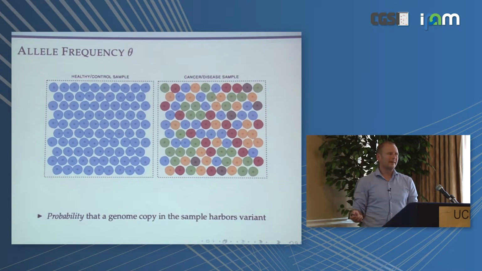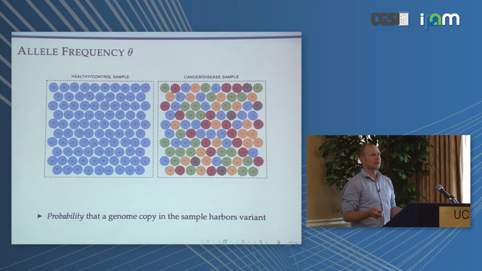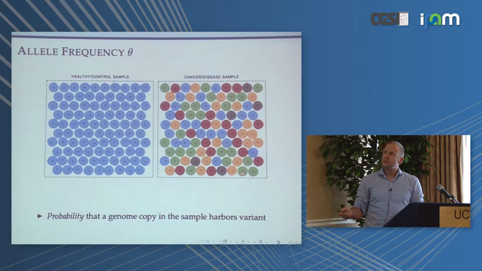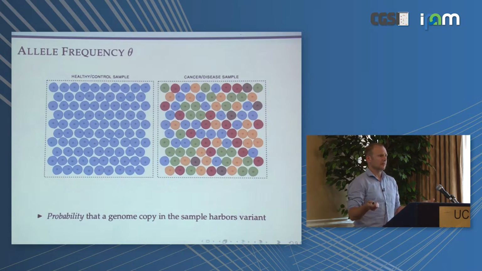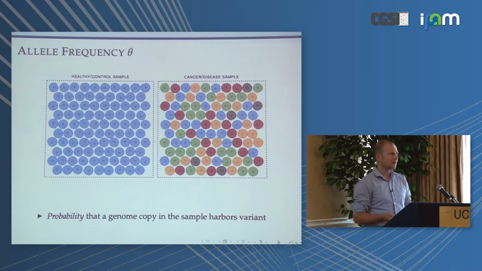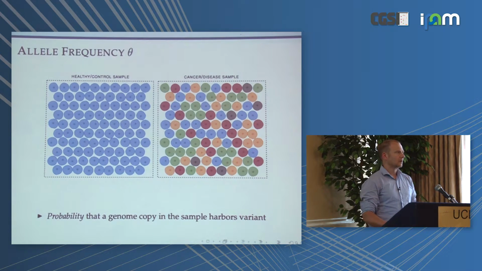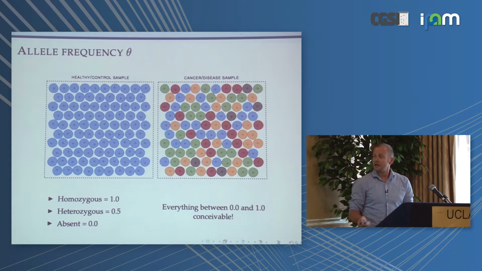In cancer, nothing is. It's totally unclear. Here, I presume you know this picture, but I do not know. So there are all these clones, and they all come with different sets of somatic variants. And if I would like to know the probability that the genome copy in this sample harbors a somatic variant, I can only assume nothing in some sense.